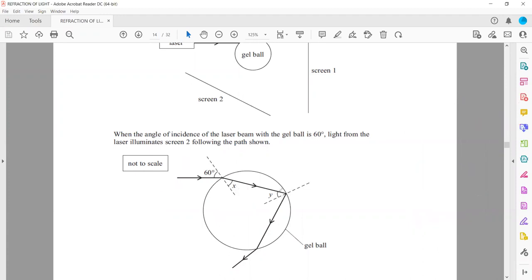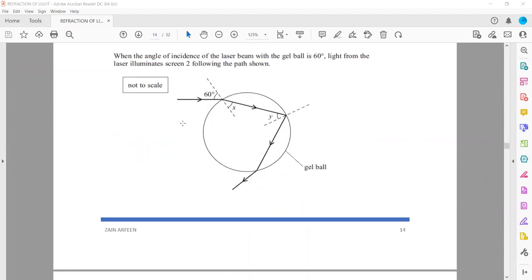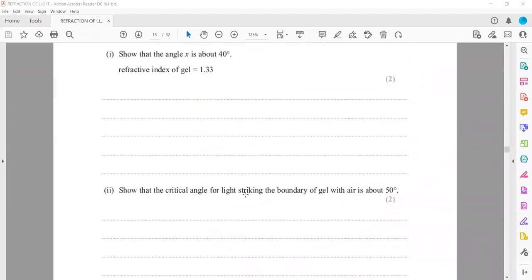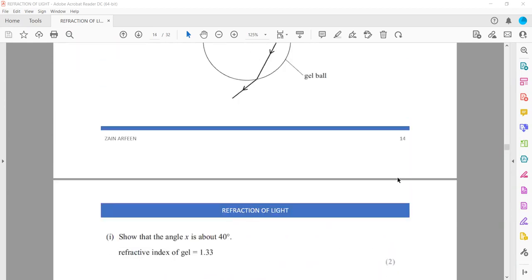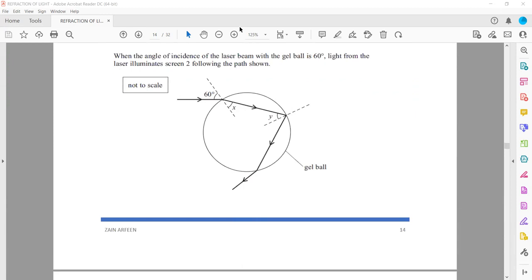Then how do we work out the value for Y? Not Y, we want the critical angle. We want to show that the critical angle for light striking the gel with air is about 50. If light strikes from a denser to a rarer boundary at the critical angle, the angle of refraction will be 90. Again, we use the formula n1 sin theta 1 equals n2 sin theta 2. Now it is moving from gel to air.